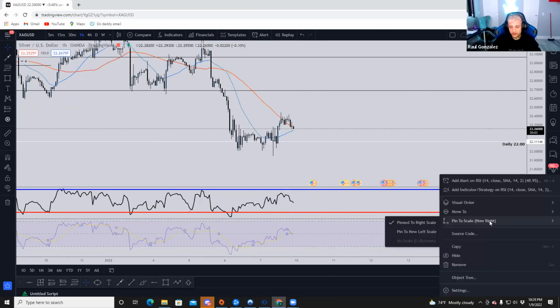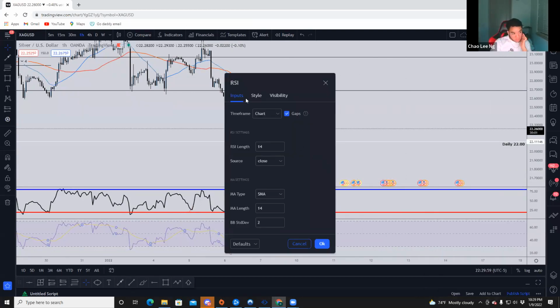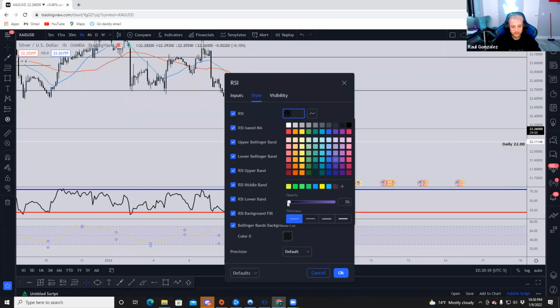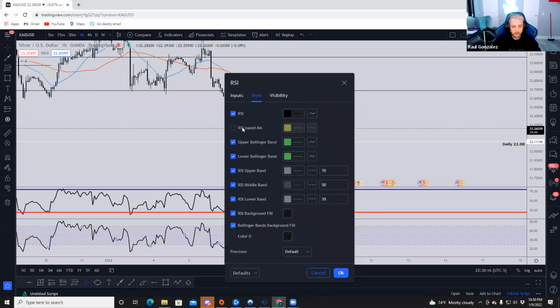So what you could do is go here, go to settings. The length, you're going to make the length 7, source close, then style, RSI. Let's see what happens if we make, okay, no, that's the actual RSI. So we're going to make that black. Remove the RSI main base, upper Bollinger Band, lower Bollinger Band.